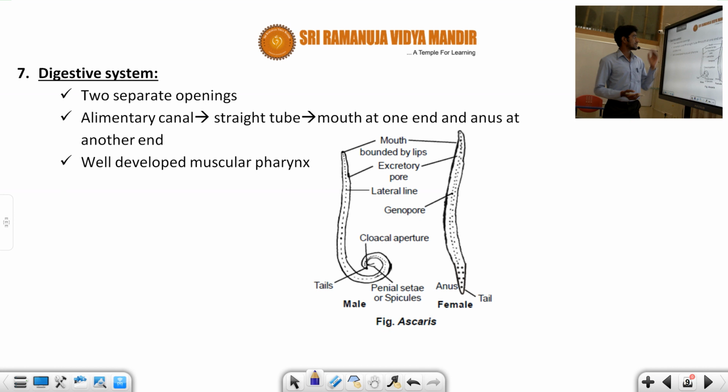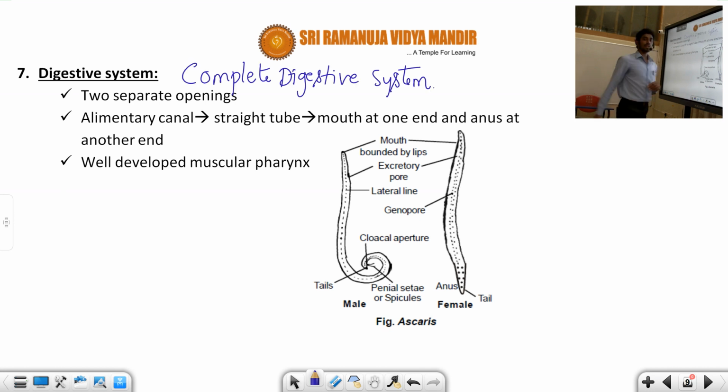What do you know about the complete digestive system? In the previous class on classification of animals we already discussed that there are two types of digestive system, incomplete and complete. In incomplete, there is only one opening that serves as both mouth and anus.